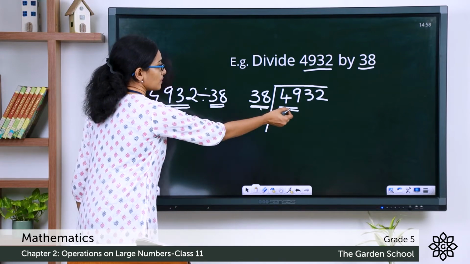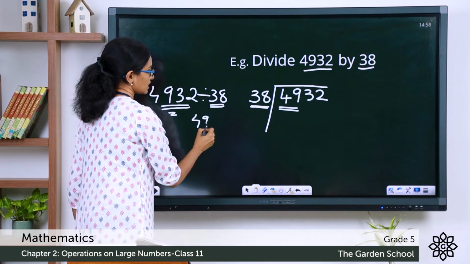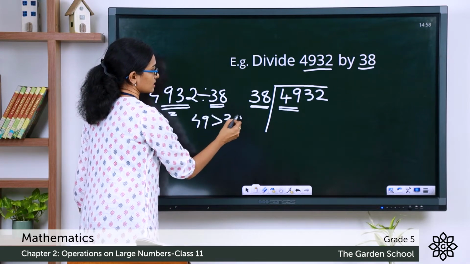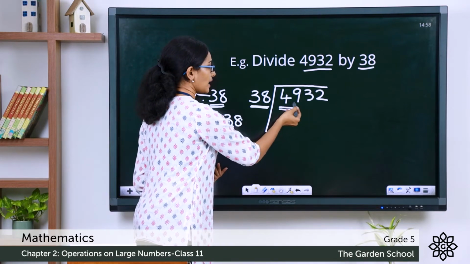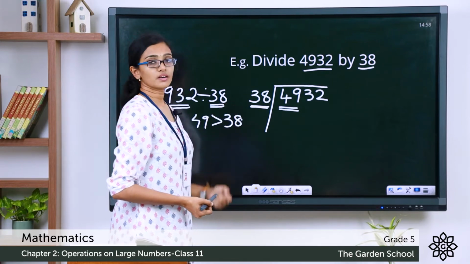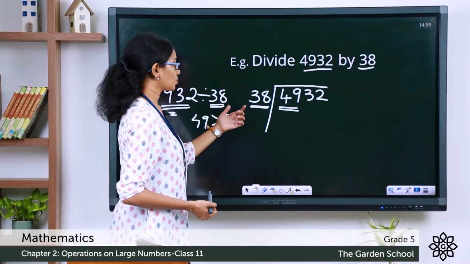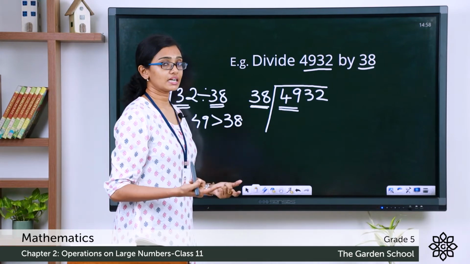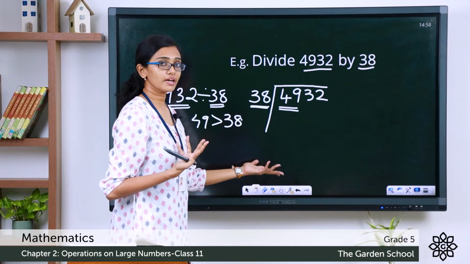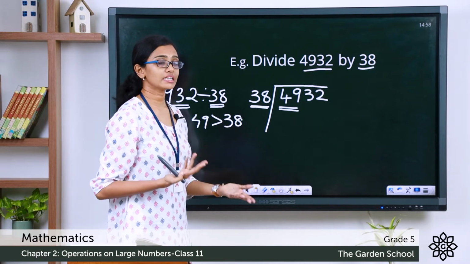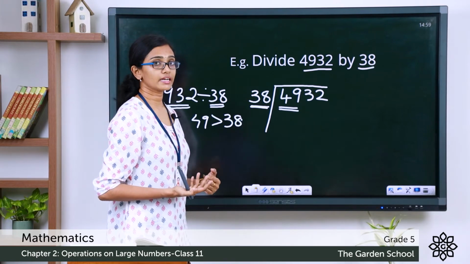This number 49 is greater than 38, the divisor, right? So, we can divide this 49 by this 38. It means 49 can contain 38, or 49 can be divided by 38. How many 38s will go in 49?